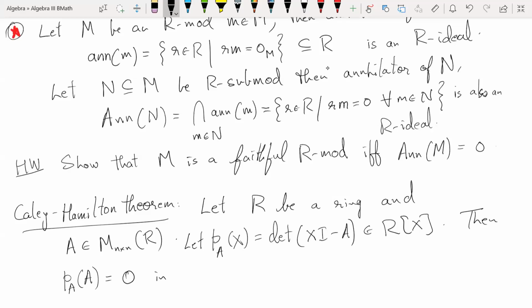So in End(R^n). Okay, so this is what the Cayley-Hamilton theorem says. So we'll prove this.